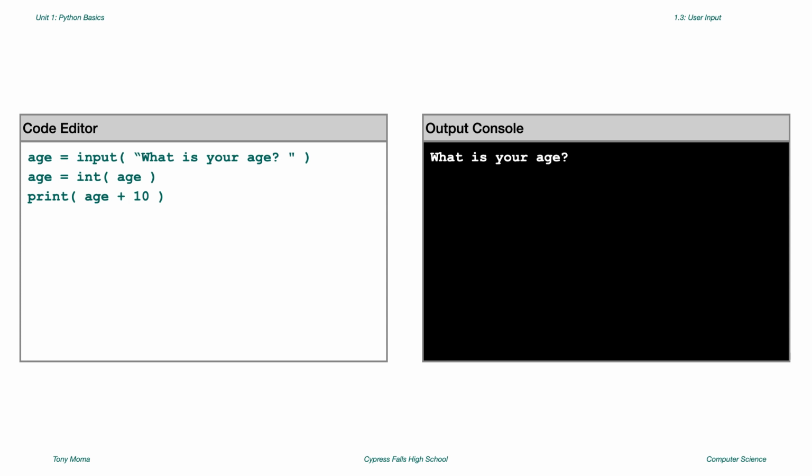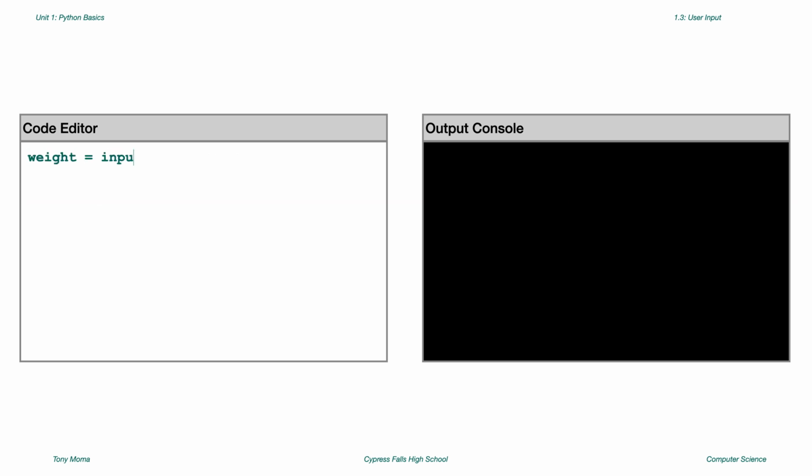So when we execute, what's your age? The user types 15. 15 gets converted to an int in line 2. We print out 15 plus 10, we get 25 as our output. It's also worth noting that Python provides a float method for converting variables to float type whenever we want to work with a float type variable.